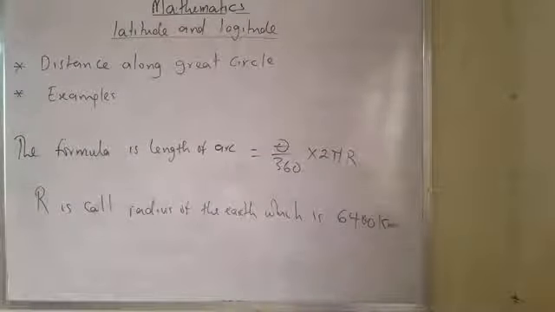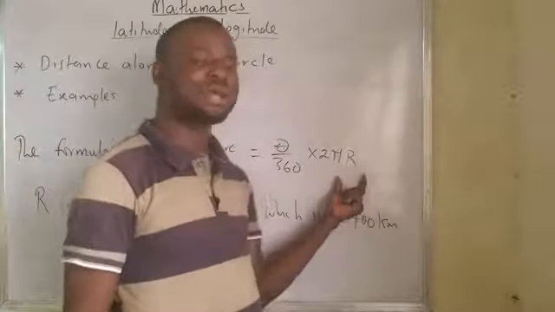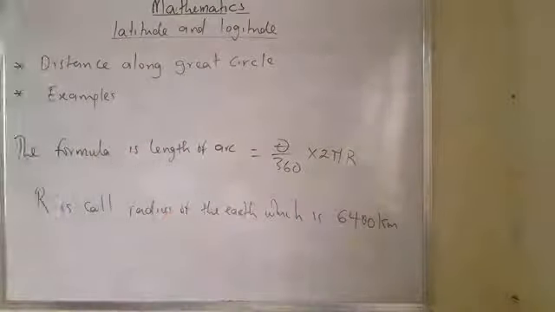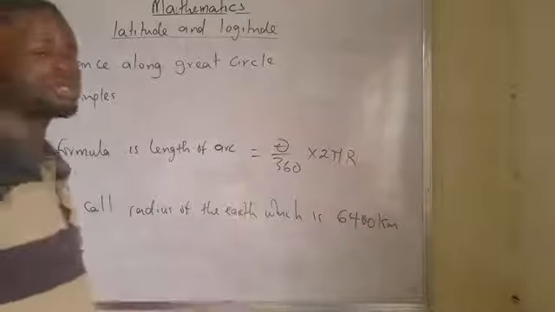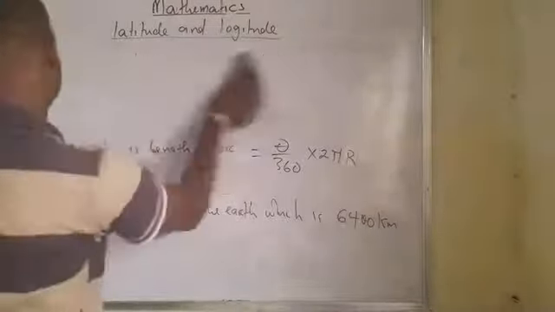That's very, very important. It means anytime you have your R as your big R, which is the radius of the earth, we are talking about 6,400 kilometers. Now, with this, let me try to generate some examples on this particular part.